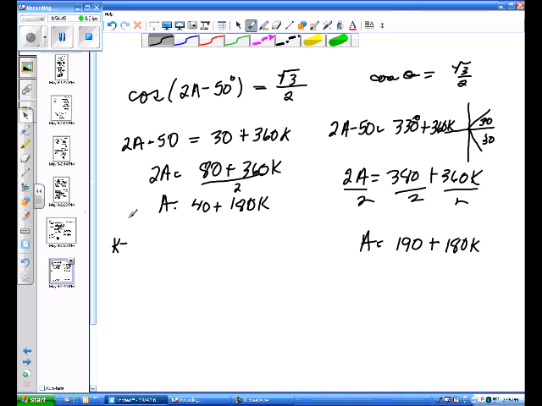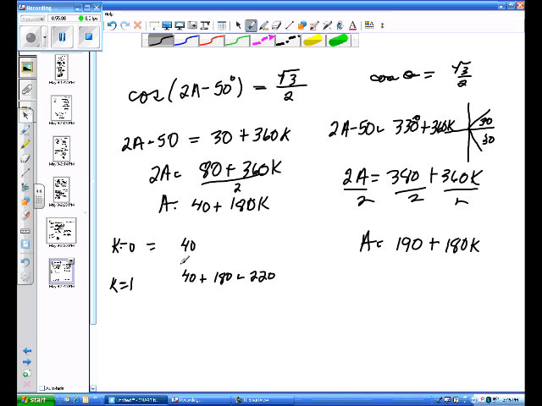If k is 0, then we're going to have 40 plus 0, which is 40. Okay, if k is 1, we're going to have 40 plus 180, which is 220.